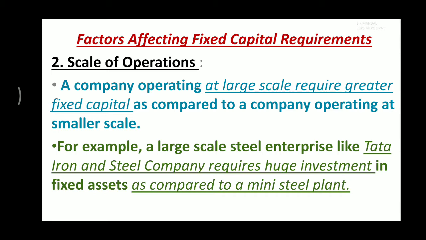So simply, in case of large scale operation, the requirement of fixed capital will be more. In case of small scale operation, the requirement of fixed capital will be less. For example, the Tata Iron and Steel Company requires huge investment in fixed assets as compared to a mini steel plant or sponge iron plant.